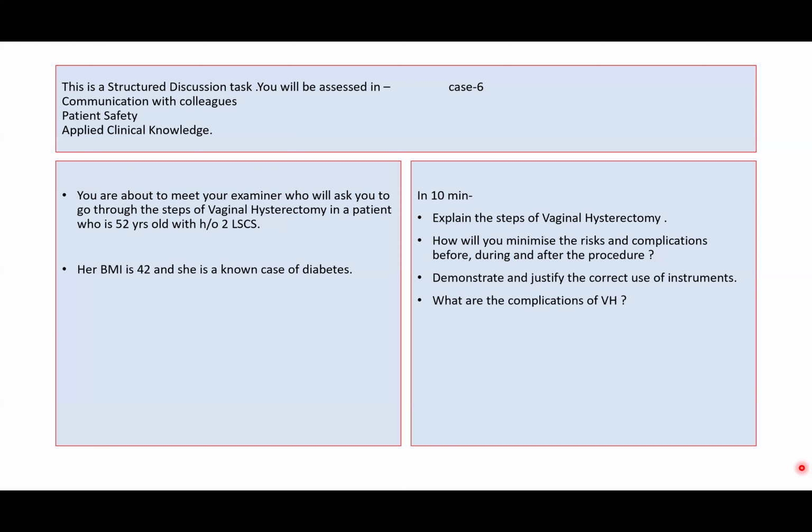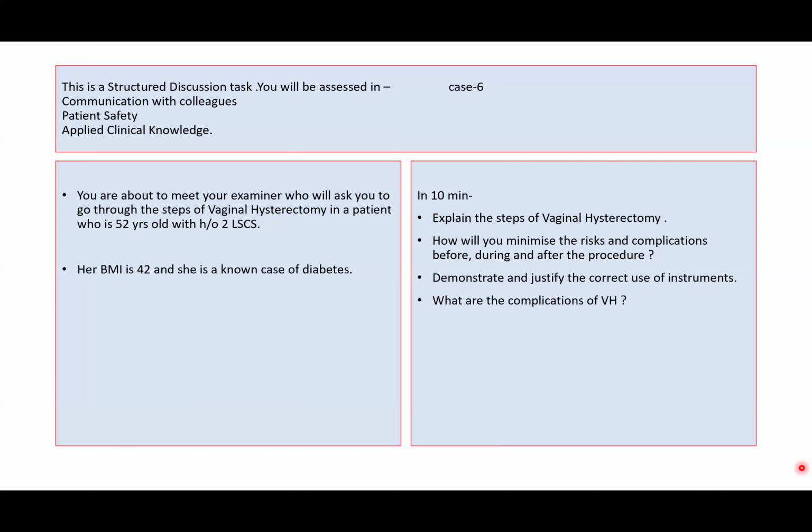This will also help me in dissection, in obtaining the space between the bladder and the vagina, and between the bladder and the cervix. And also it will decrease the post-operative pain and bleeding.